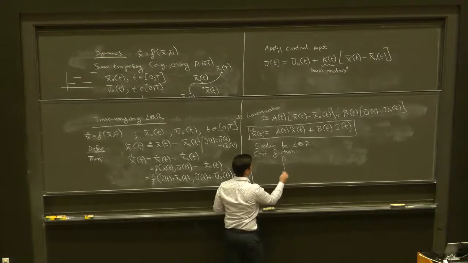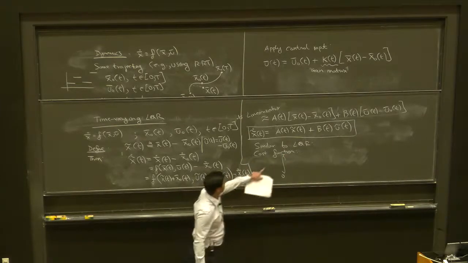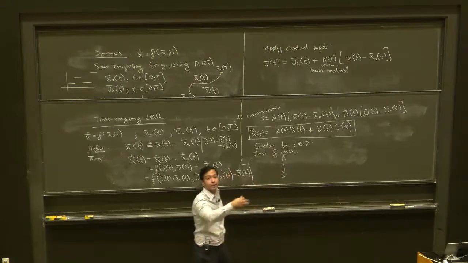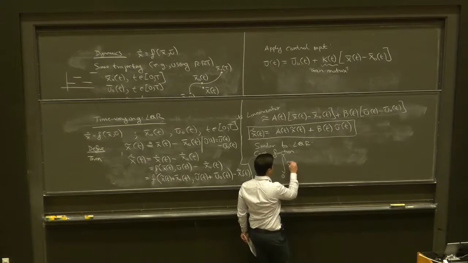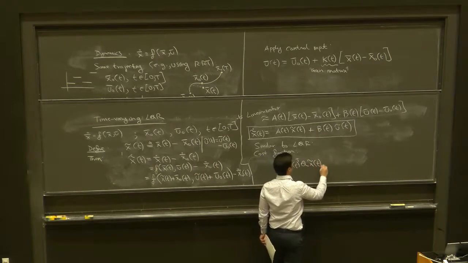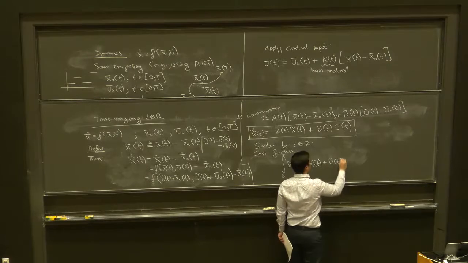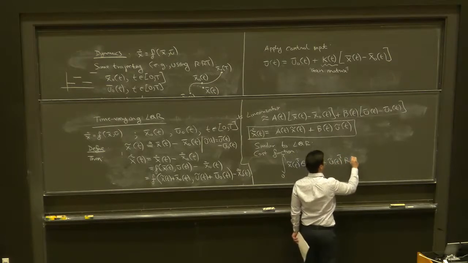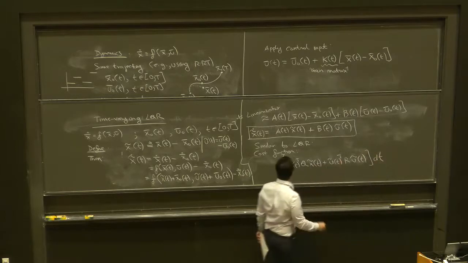So I'm going to define the cost function to be an integral from 0 to capital T, that's our time horizon on which the trajectory is defined, of x tilde t transpose Q x tilde t plus u tilde transpose R u tilde dt.